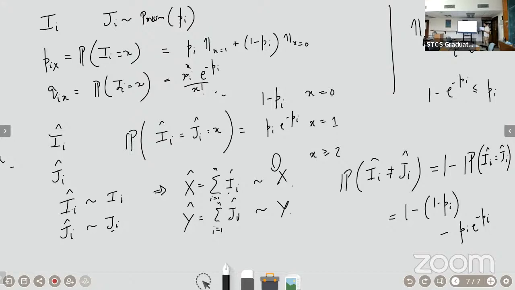Again, we use the same: p_i times 1 minus e to the minus p_i. So component-wise, I'm able to upper bound. Is that an equal sign?